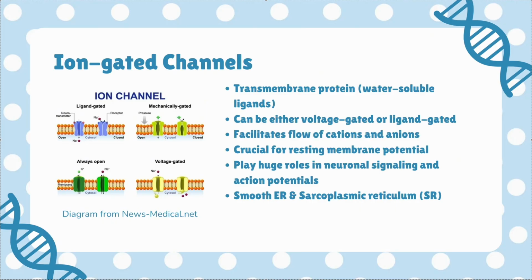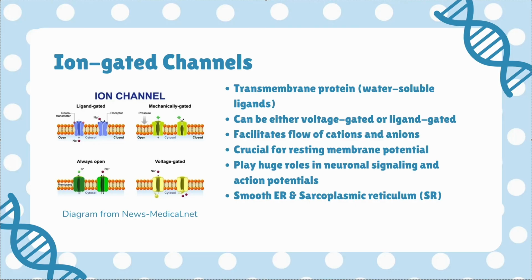And then the ion-gated channels facilitate flow of cations and anions. And yes, they're crucial for the resting membrane potential. And they play huge roles in neuronal signaling and action potentials, generating the action potentials, depolarization, hyperpolarization, etc., which will be discussed further in Campbell Biology chapters 40, 48, 49.